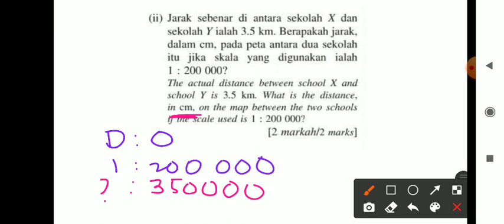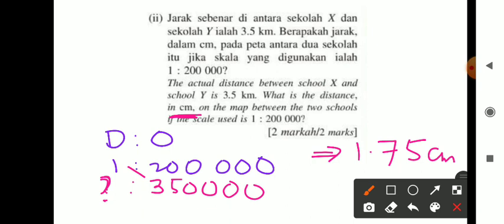So ini berapa? Guna calculator. 350,000 times 1 then divided by 200,000. Dapat berapa? The actual distance is 3.5 km, but on your map, selepas darab bagi, you'll get 1.75 cm.